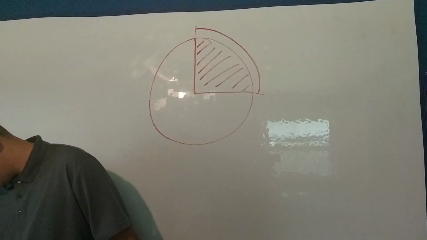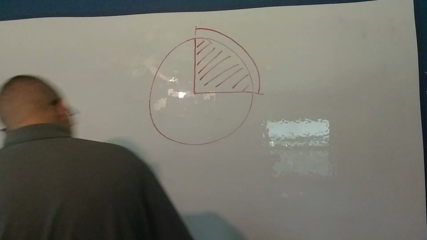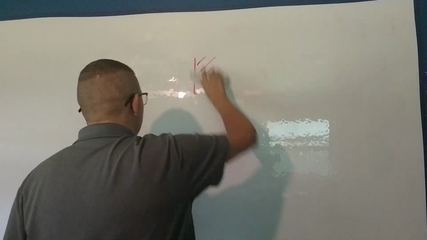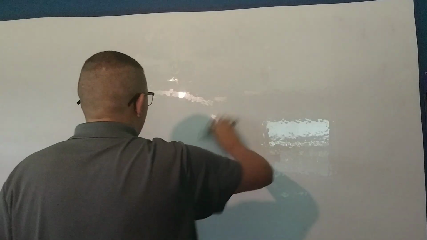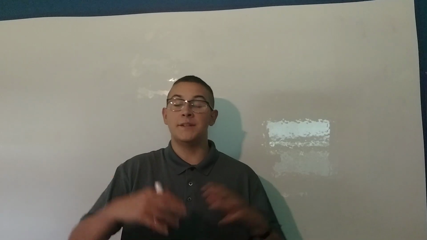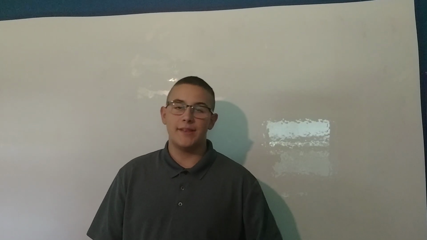Now, how will we do this? Well, we're going to work with ratios, right? We're going to do the ratios between the entire circle and just that section we're working with. So first, let's start by finding just the arc length.